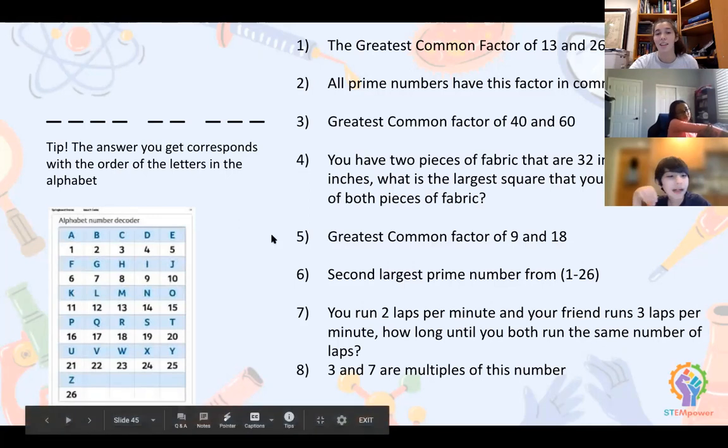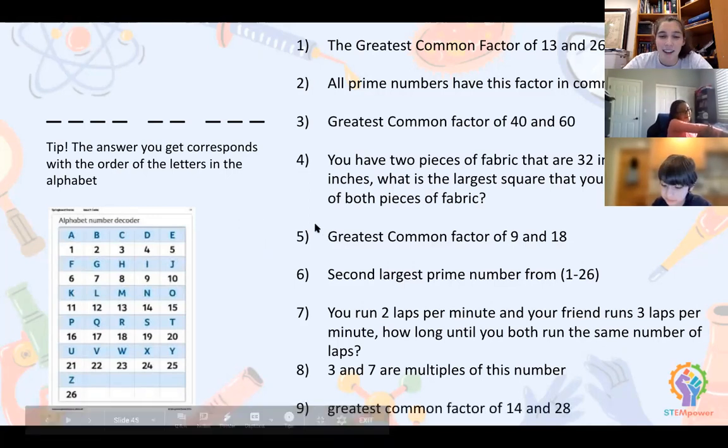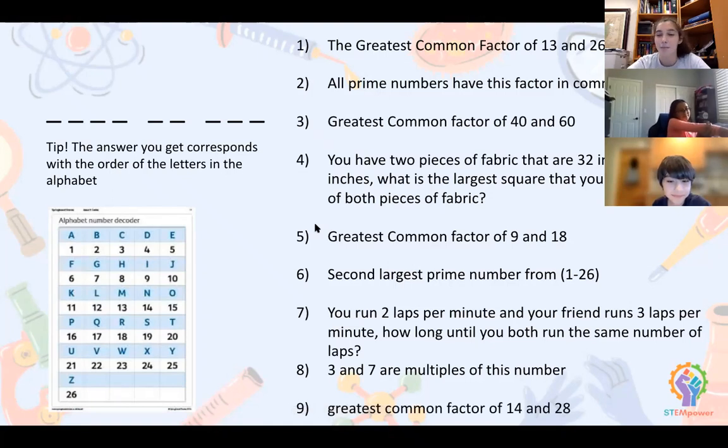Yeah. So that corresponds to U. And what is the greatest common factor of 14 and 28? 14. Yep. Math is fun. Does the message spell out? Yep. Math is fun. Is math fun? Yes.